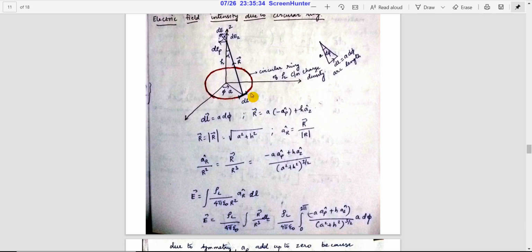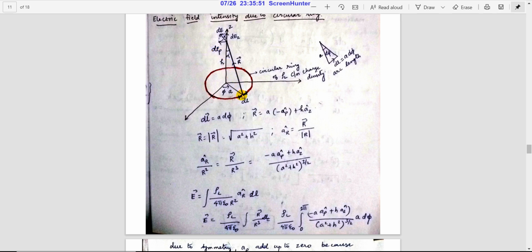So we will be having the symmetricity of this particular ring on the rho component of the electric field vector.